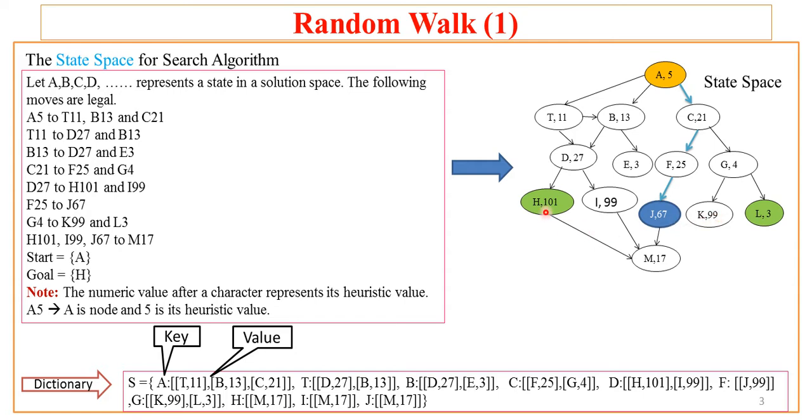Now similarly, one can go from node H, I and J to node M, and at the same time M doesn't have any successor or child node.